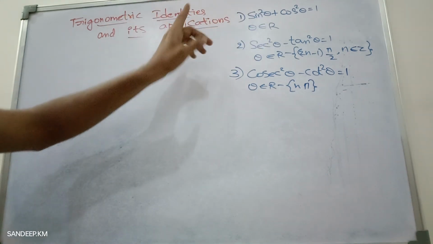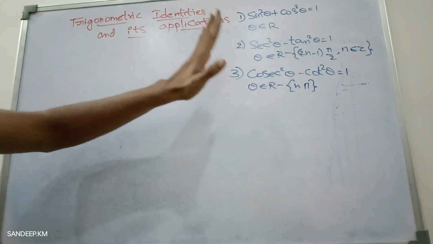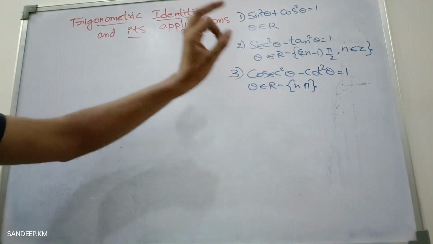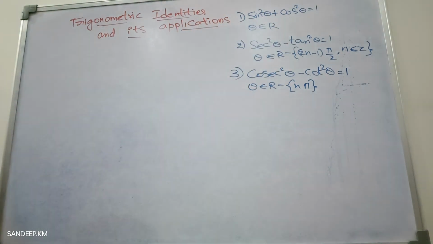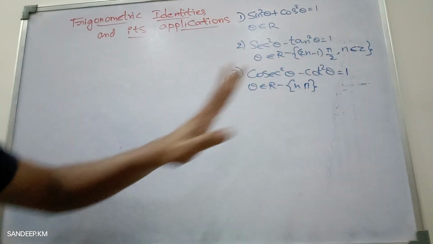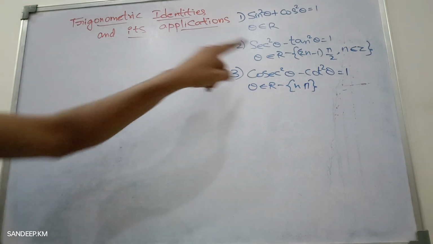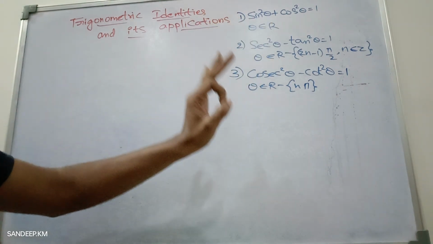For sec square theta minus tan square theta equal to 1, LHS will be equal to RHS for every value of theta in the domain of sec theta and tan theta. The domain of sec theta and tan theta is any real number except odd multiples of pi by 2.